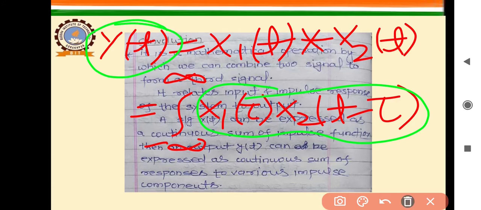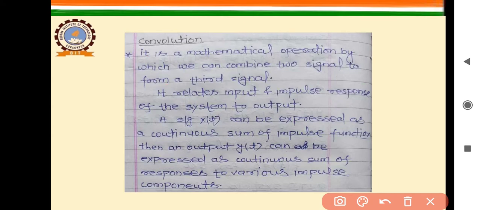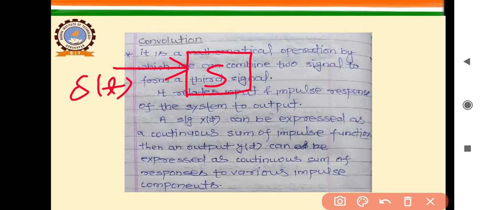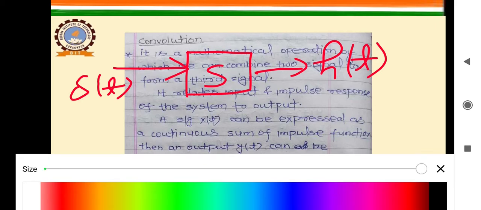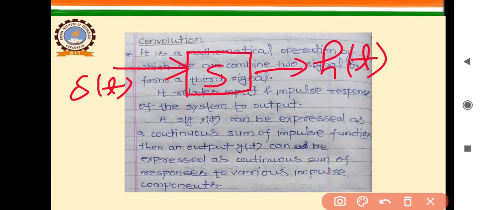Also, what we have seen is, suppose there is a system S, we are giving an impulse as input to the system and it produces the impulse response h of t. If the impulse response of the system is known, then we can find out the output for any given general signal as input.